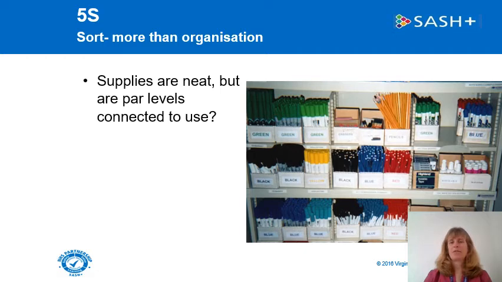So their par level might be 5 for this week, and they may need a buffer in case they have a surge in demand. During the 5S in the trust, we found stocks of 80 sample pots, which was almost a year's supply. So it's worth making sure that you don't run out, but you haven't got a stock level that's too high.